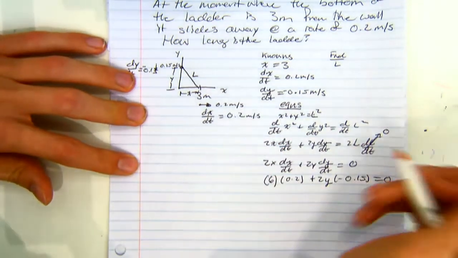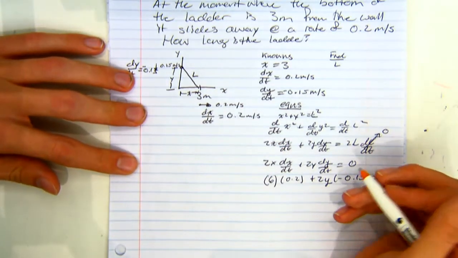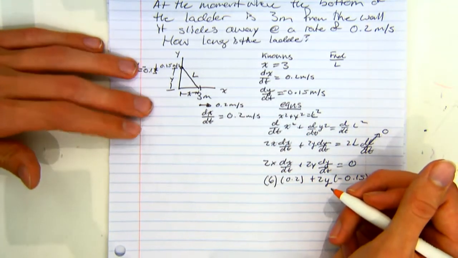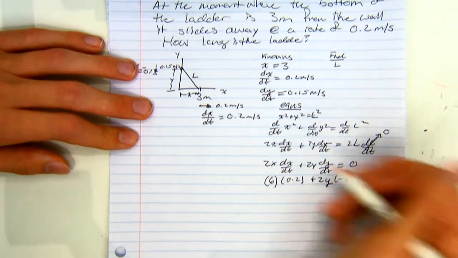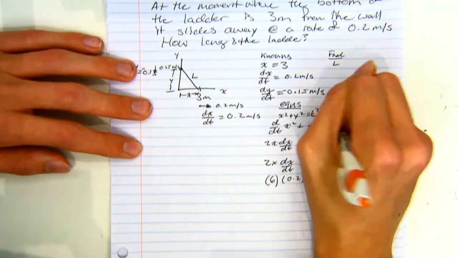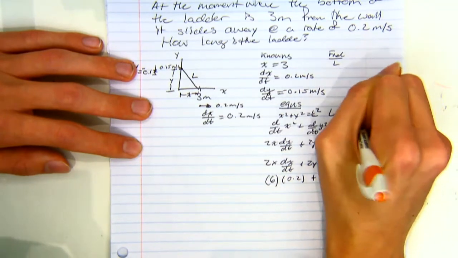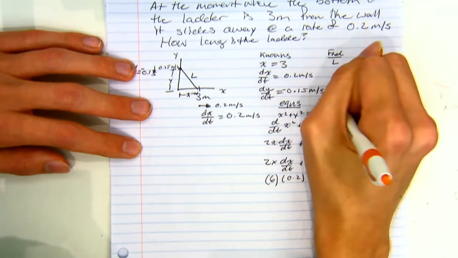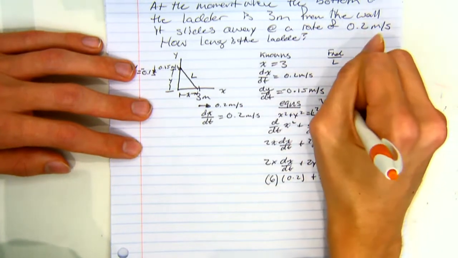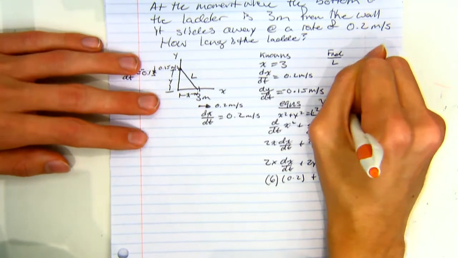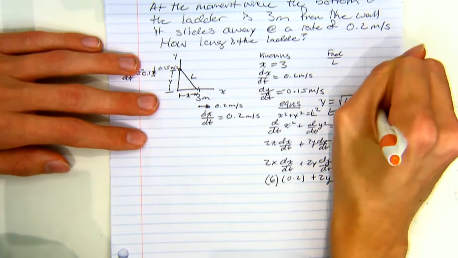All right, continuing on. We can solve for L with this equation right here. So L is going to be equal to the square root of, actually not L, sorry, y. y is going to be equal to the square root of L squared minus x squared.